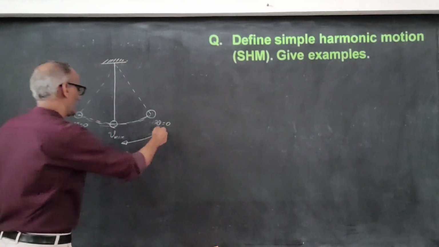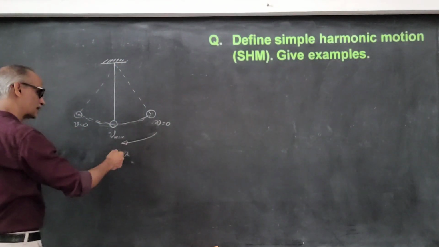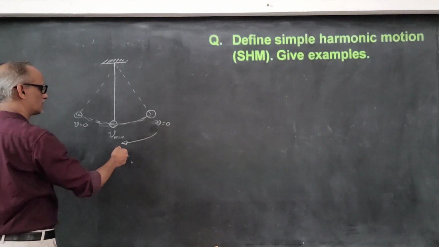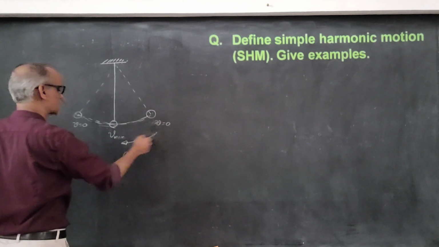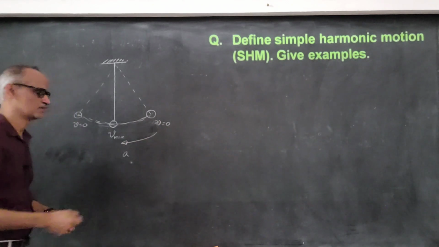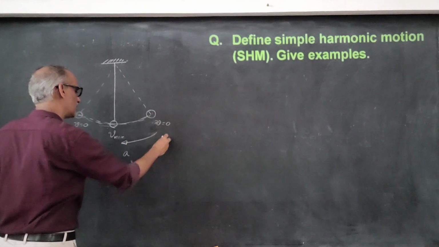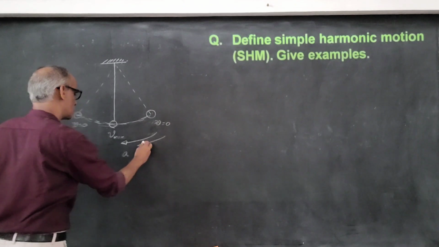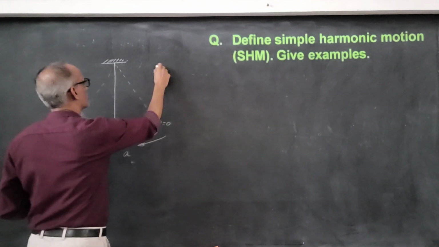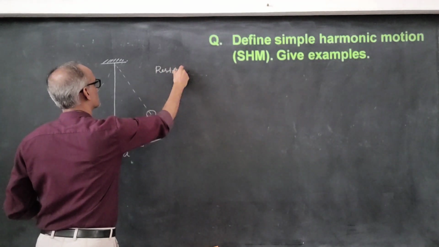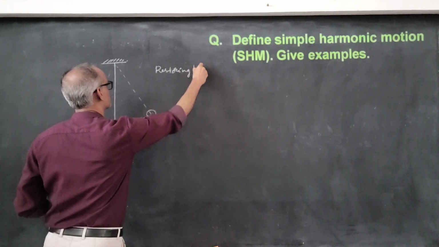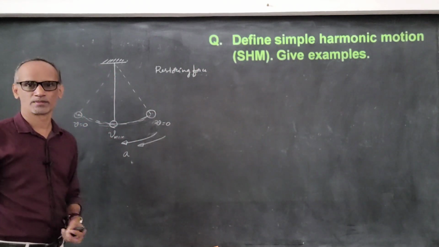So what is the reason, or how is this acceleration produced? Because whenever the pendulum moves away, there will be a force acting in the opposite direction, and that particular force is called the restoring force, the opposing force.